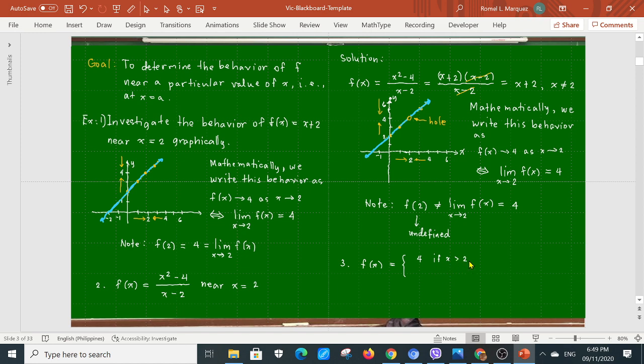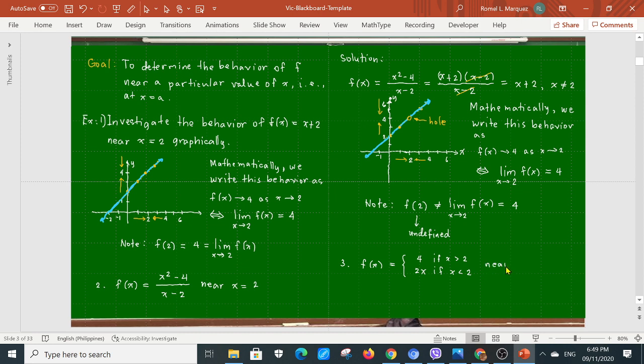So as much as possible, I do not want to get out of the 2, so that you can see the difference. So it's still approaching 2. Then this is 2x, if x is less than 2. And I want to know the behavior near what?